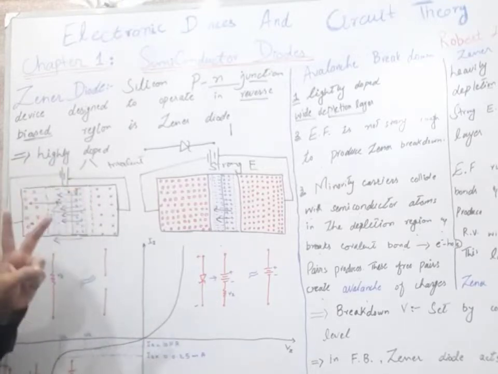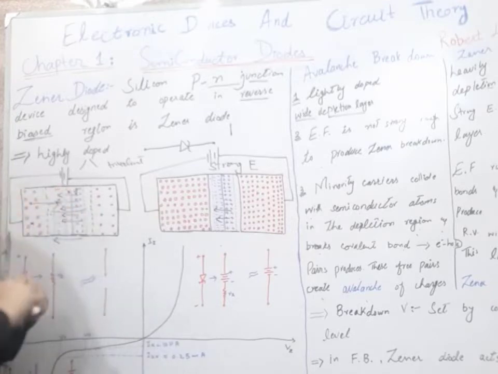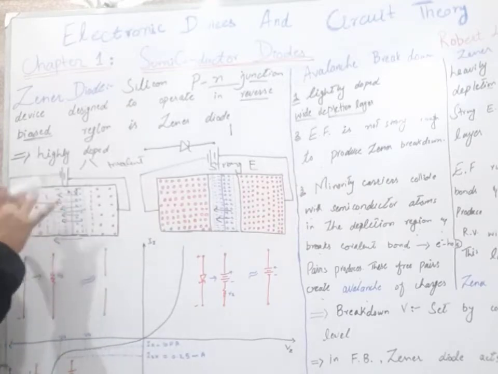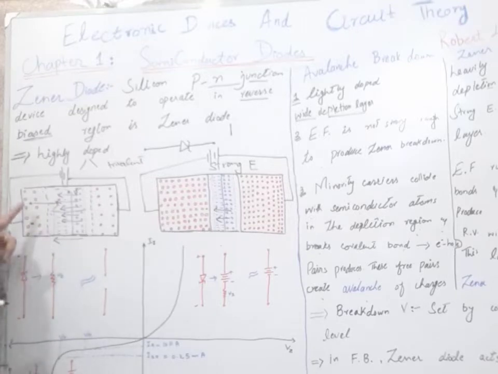Then there will be two electrons, and these two electrons will collide with two semiconductor atoms and produce more electrons. So this will be an exponential process. One electron will produce one more electron, these two electrons will produce two more electrons, then four electrons will produce four more electrons, and this is the exponential process here.